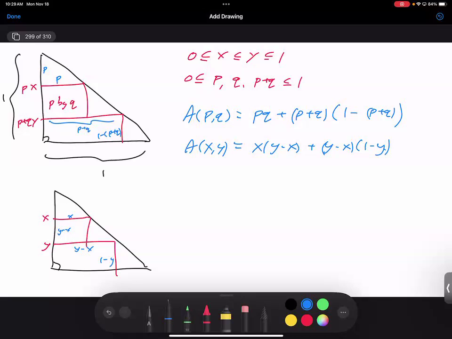It's 1 minus y for the height, correct? Okay, so we could simplify things a little bit. There's a y minus x times everything. We could write it as A of xy equals x plus 1 minus y times y minus x.